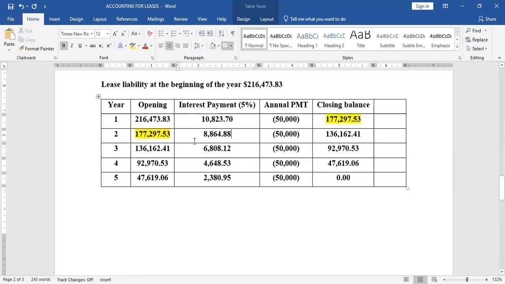We multiply this opening balance by 5% to give us the interest for year 2, which will go under finance cost in the income statement, and then less the payment, and then we have 136. This 136 comes here, and the process continues. We're up to year 5.